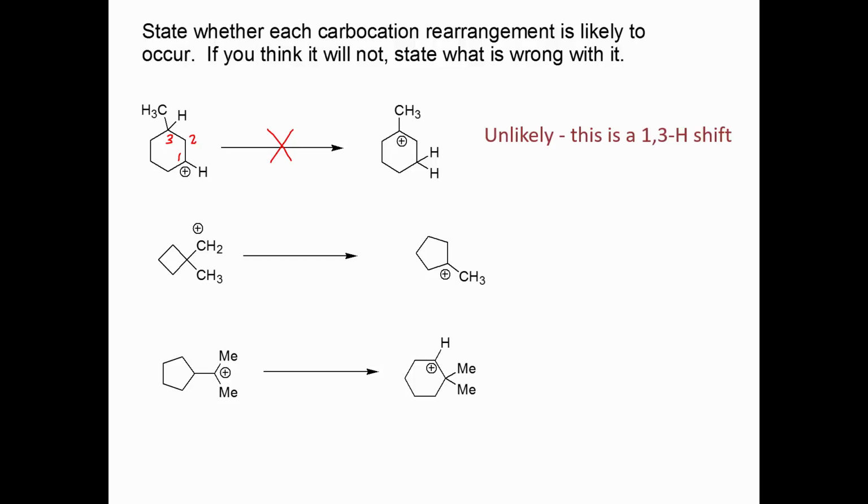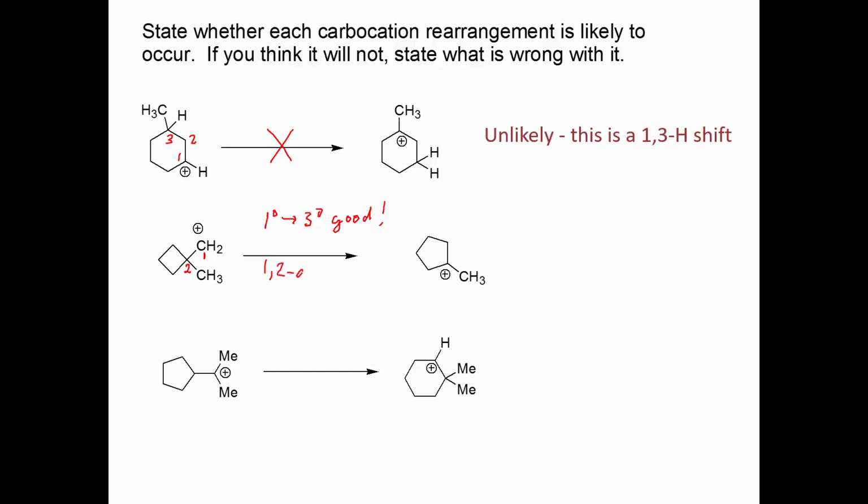Okay, this one looks remarkably like the other one. As far as carbocation stability goes, we do go from primary to tertiary, which is good. Okay, if we look at what carbon it moved from, it was carbon 2, so this is very likely to occur also.